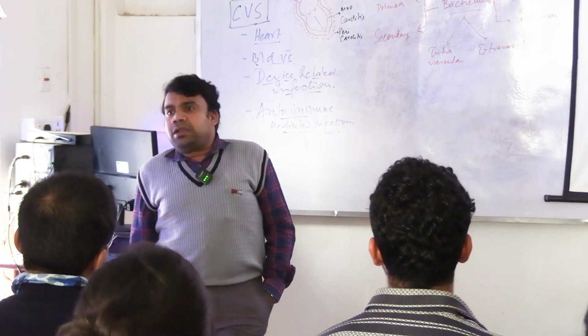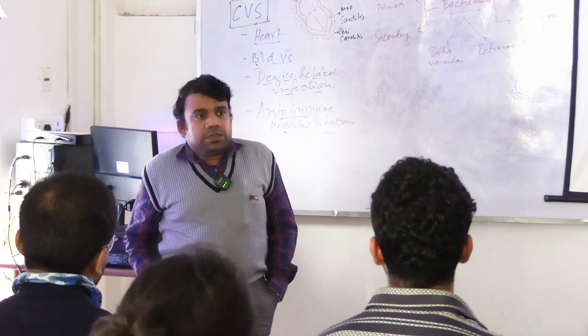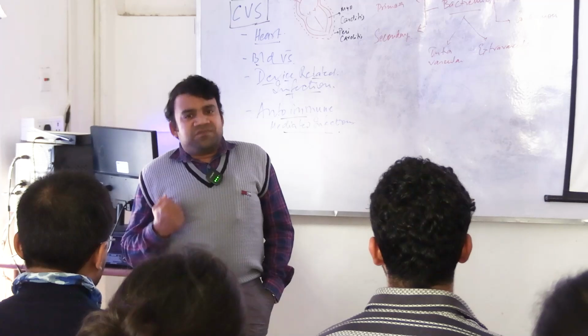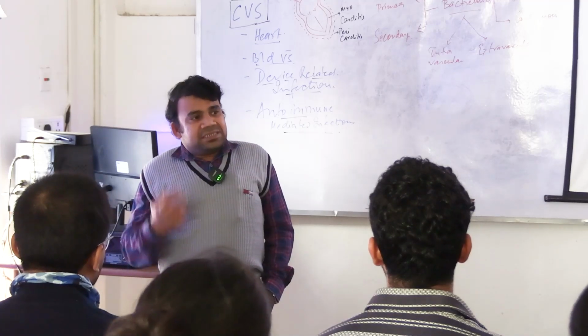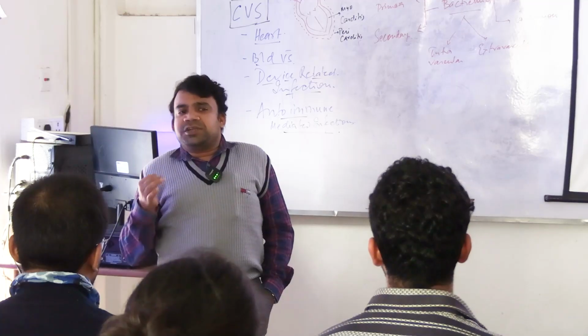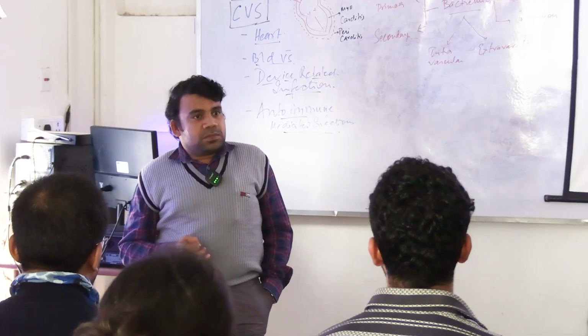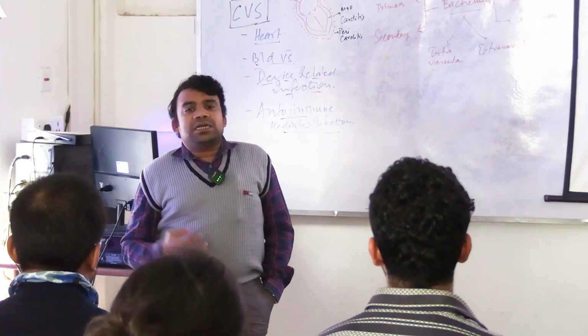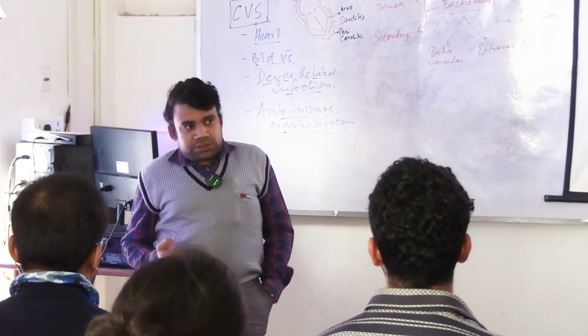Sometimes during the procedure or afterwards, these vessels can get infected, and this infection is solely due to the process of putting a device in the vessels, be it a vein, be it an artery. That is what we call device related infections.